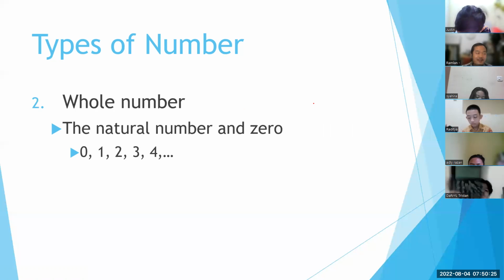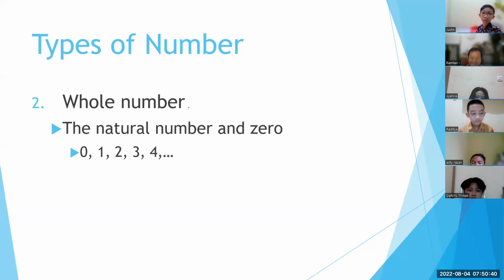Okay, the next one, number 2, is whole number. What is whole number in Bahasa Indonesia? Does anyone know? Bilangan seluruh. Okay, interesting, but it's not. It would make sense literally, but that's not it.